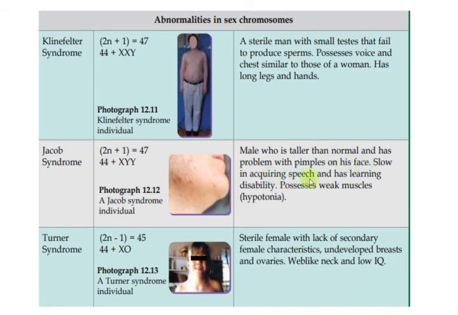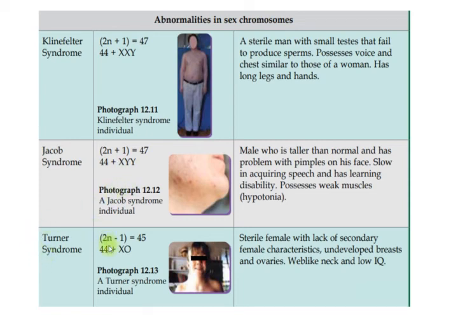Slow in acquiring speech and has learning disabilities. Possesses weak muscles, which is hypotonia. That is Jacob syndrome, whereby this person has an extra Y chromosome on the sex chromosome.